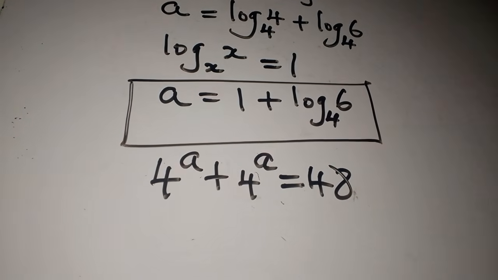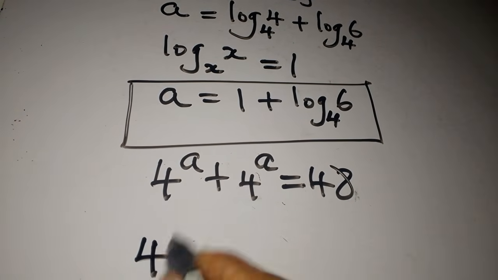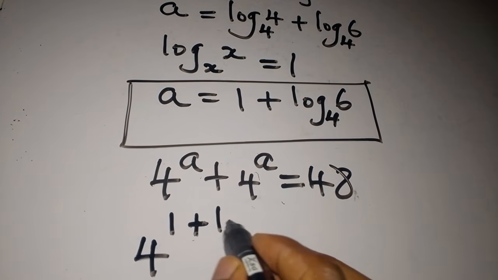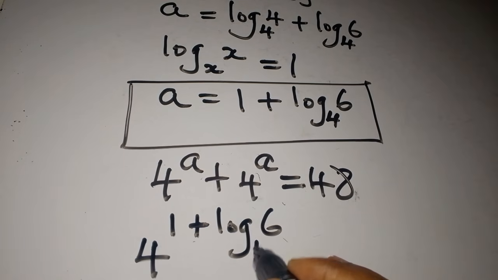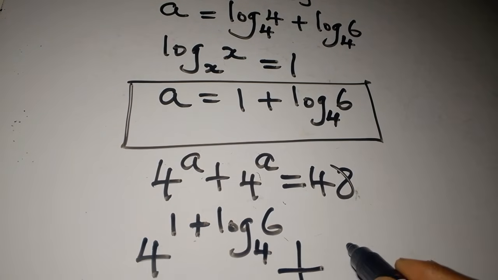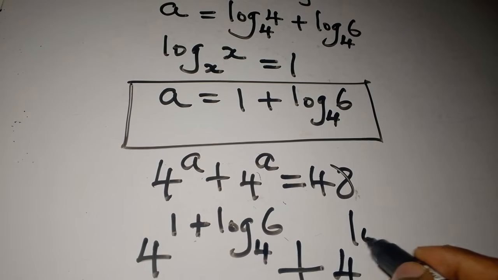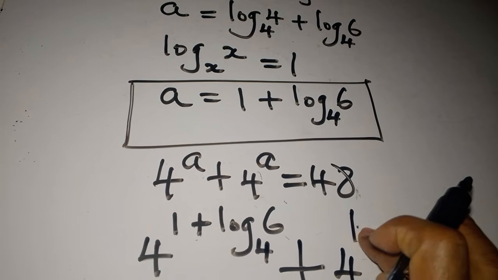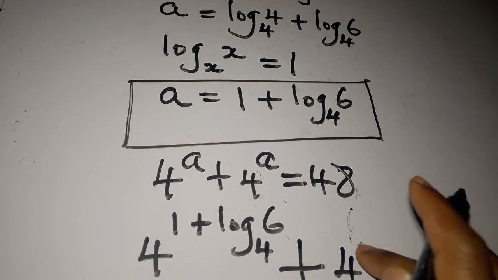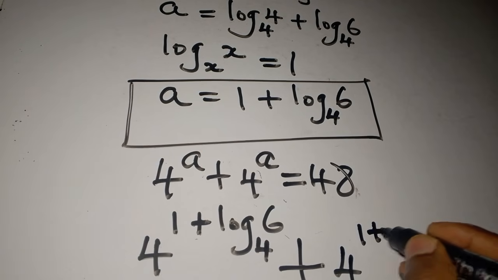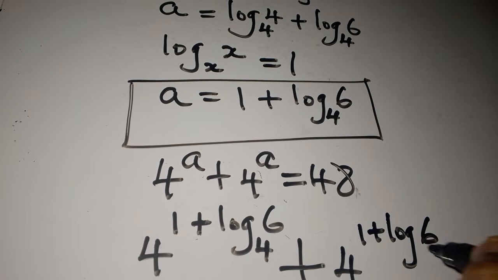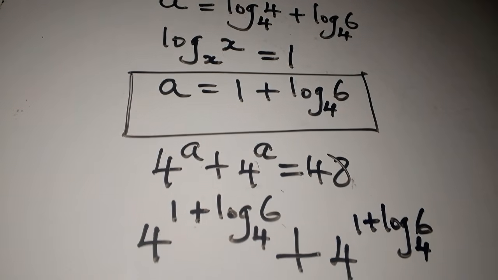Now what is our a? A is 1 plus log 6 to base 4, and we have this in two places: 4 to the power of 1 plus log 6 to base 4. This is what we have, right?